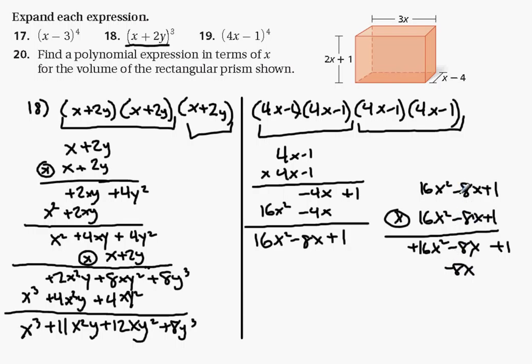Negative 8x times negative 8x is a positive 64x squared. And negative 8x times 16x squared, let's see, 10 times 8 is 80, 6 times 8 is 48, that's 128. So that's negative 128x cubed.